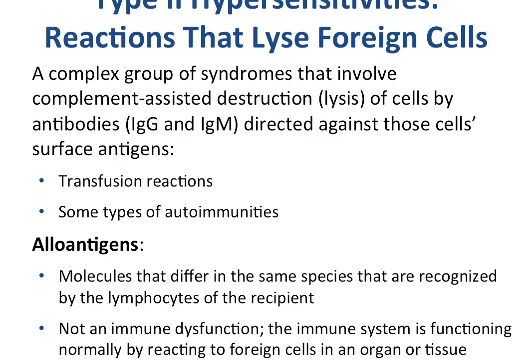Now let's talk about type 2. Type 2 is antibody-induced hypersensitivity. The antibodies would be IgG and IgM. Examples would be the transfusion reaction and some types of autoimmunity. Autoantigens means different molecules in the same species.